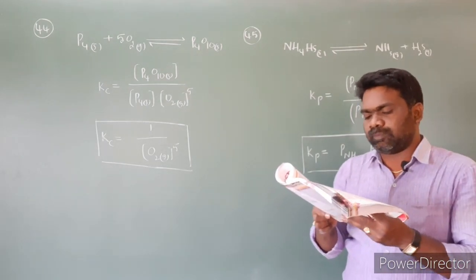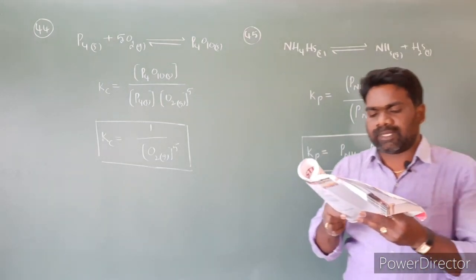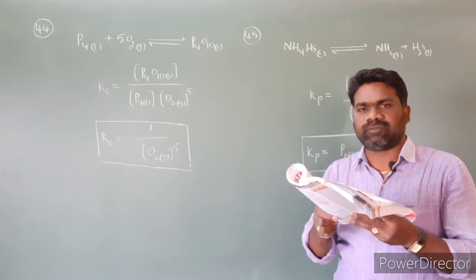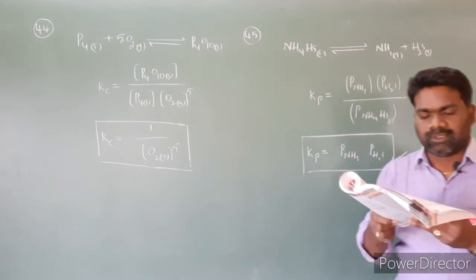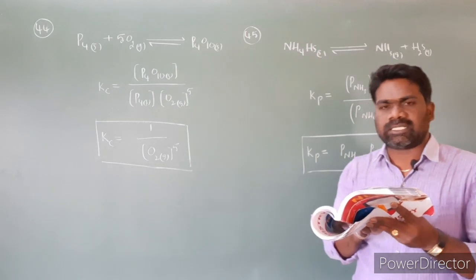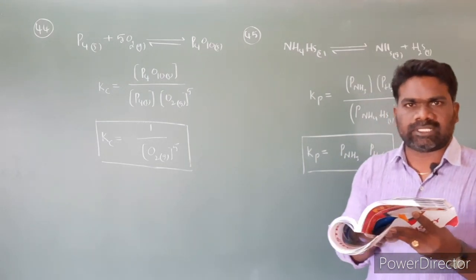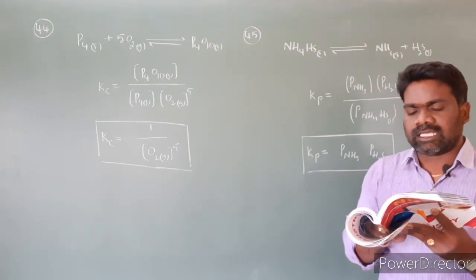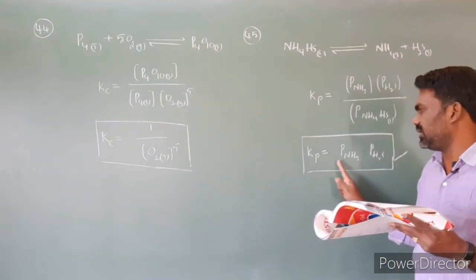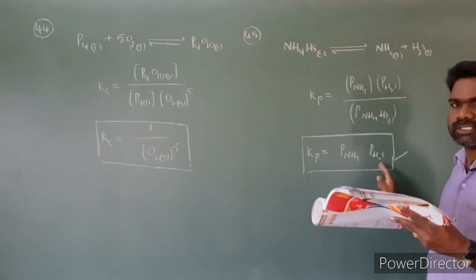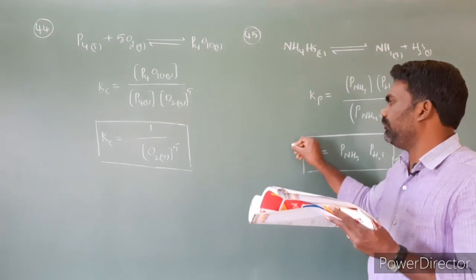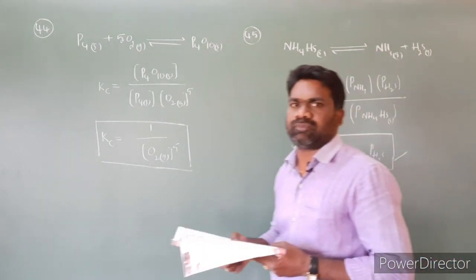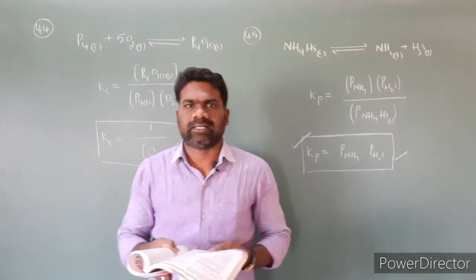Kp is equal to partial pressure of NH4HS by partial pressure of NH3 into partial pressure of H2S. This is also incorrect. Look at the third option. Kp is equal to partial pressure of NH4HS. This is also incorrect. Look at the fourth option. Kp is equal to partial pressure of NH3 into partial pressure of H2S. So for question number 45, option 4 is correct.